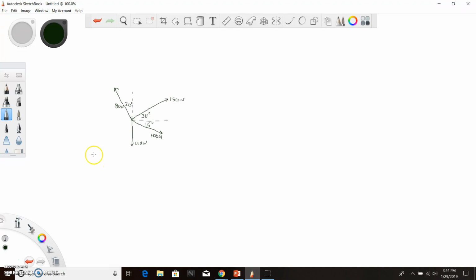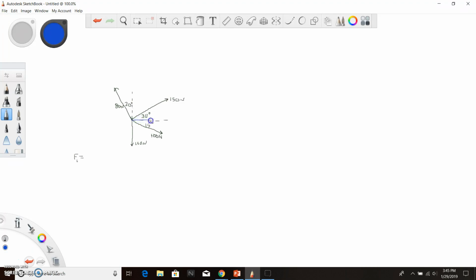Okay, so we are just going to break each of these forces up into its X and Y parts. So we'll start with force 1. That was our 150 newtons. If I look at this, I know that I have an X piece and a Y piece.